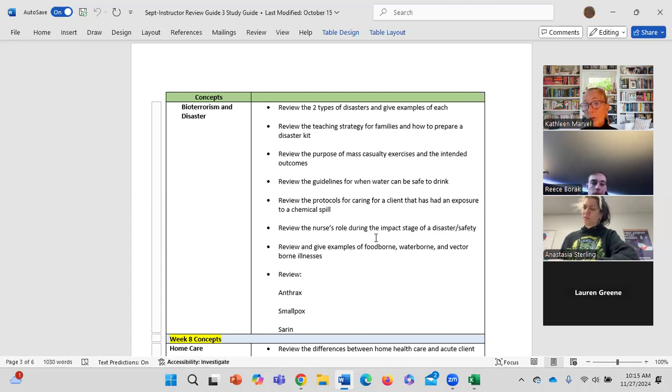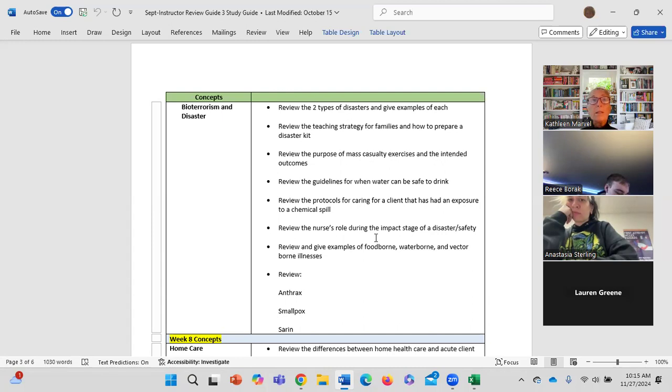That's why they're called exercises. Bringing everybody who's going to be involved in these mass casualty events together to do a mock disaster. How does everybody work together? What are the response times? How did it work? What were the areas of improvement that we need to strategize so our next mock can be handled better?